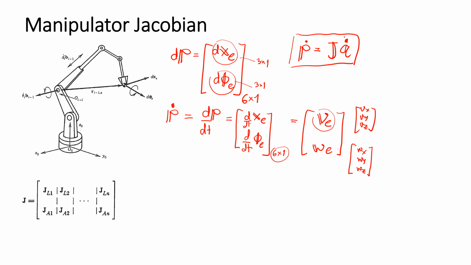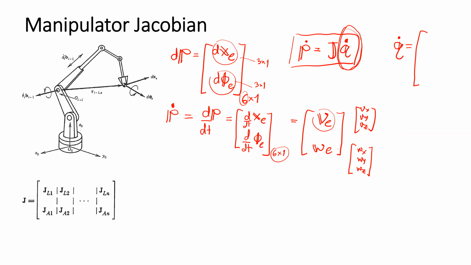How about the joint velocity? What is the joint velocity? Joint velocity is also a vector. A vector that contains n components. N doesn't need to be 6.